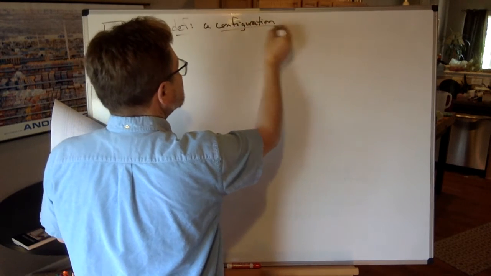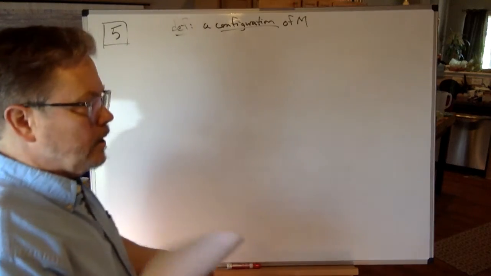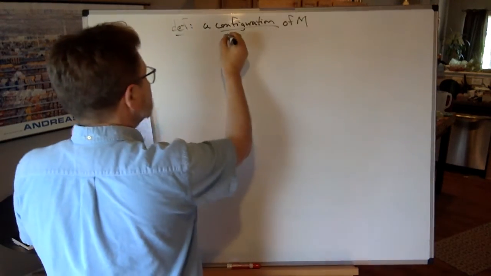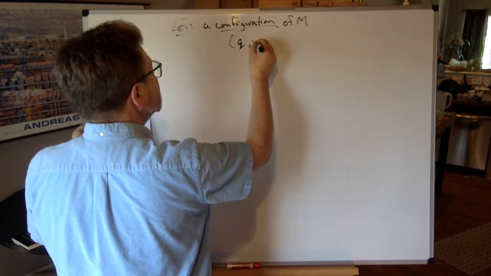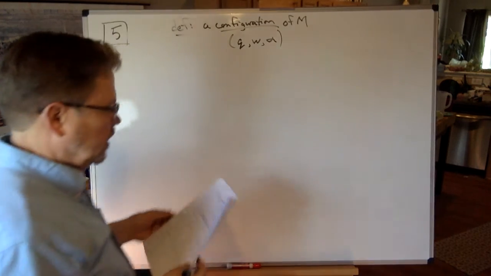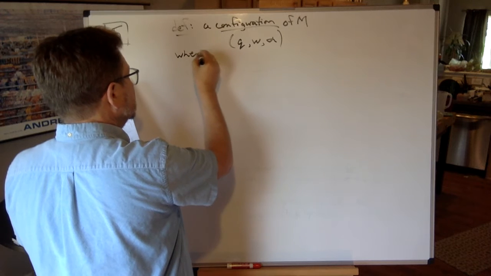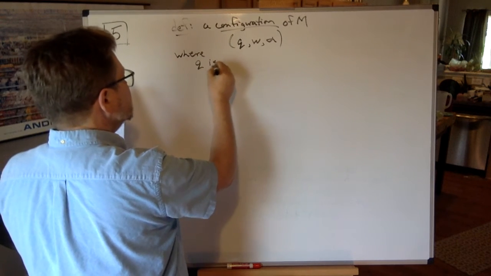A configuration of capital M, that machine we just talked about one whiteboard ago, looks like this. It's in parentheses. It's an ordered triple: Q, comma, W, comma, alpha, where these pieces are these things. Q is the current state.